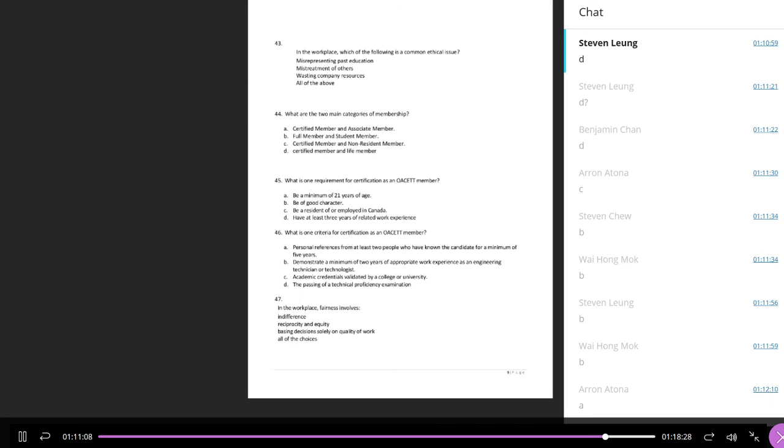Number 47, in the workplace, fairness involves which? It's not D. It's the answer to, well, probably should be basing solely on quality of work, but it's B, reciprocity and equity is the right answer, the textbook answer.